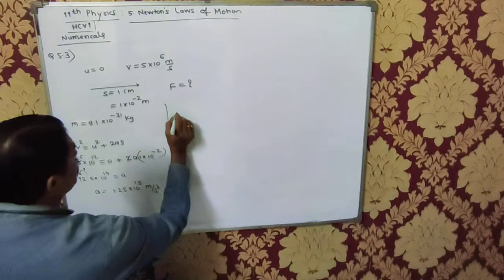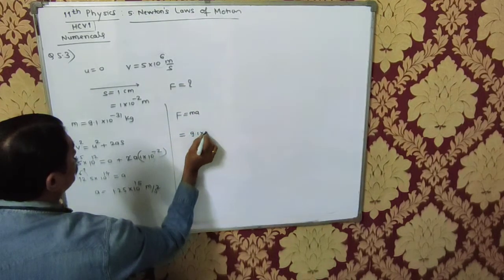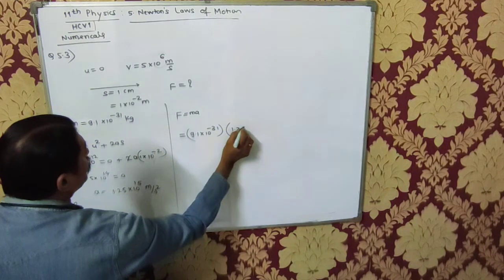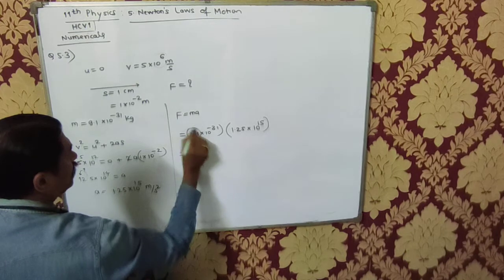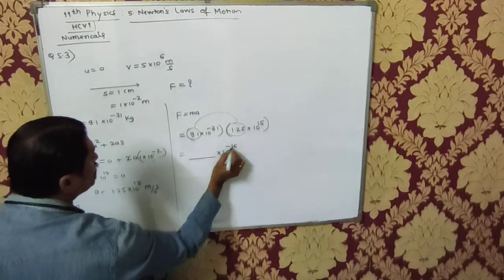And the force is given by F is equal to ma. Mass is 9.1 into 10 raised to minus 31, and the acceleration is 1.25 into 10 raised to 15, so 10 raised to minus 16 remains.